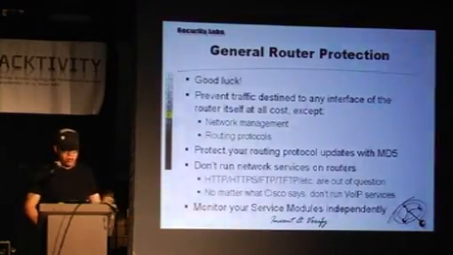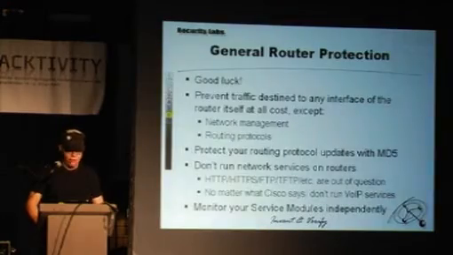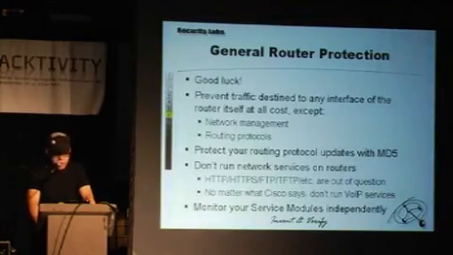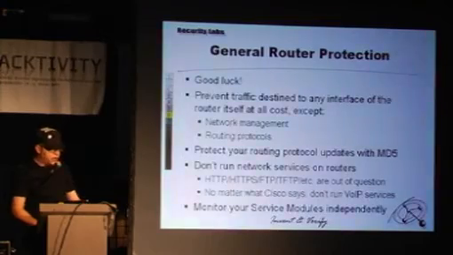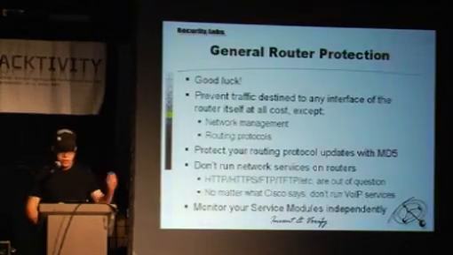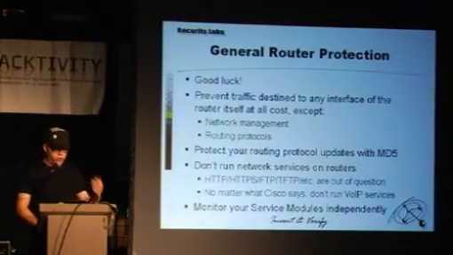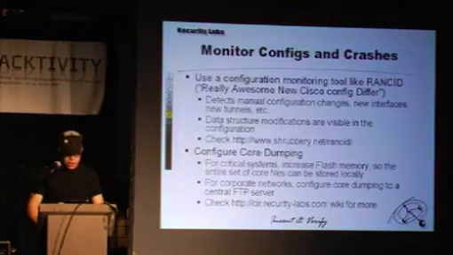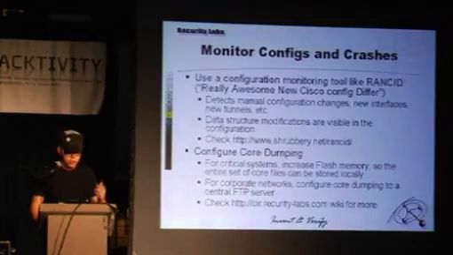Turn off shit on the router that is not supposed to be on there, like VoIP services. And if you run service modules, like the ACE module or anything, keep in mind those are Linux machines by themselves, so please monitor them independently. Monitor configuration changes and crashes. So if the configuration changes and you didn't change it, it might be a good idea to check out what happened.